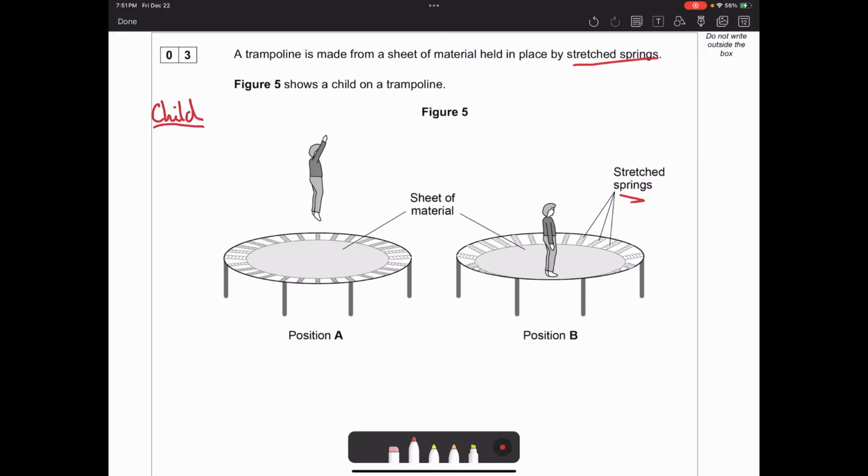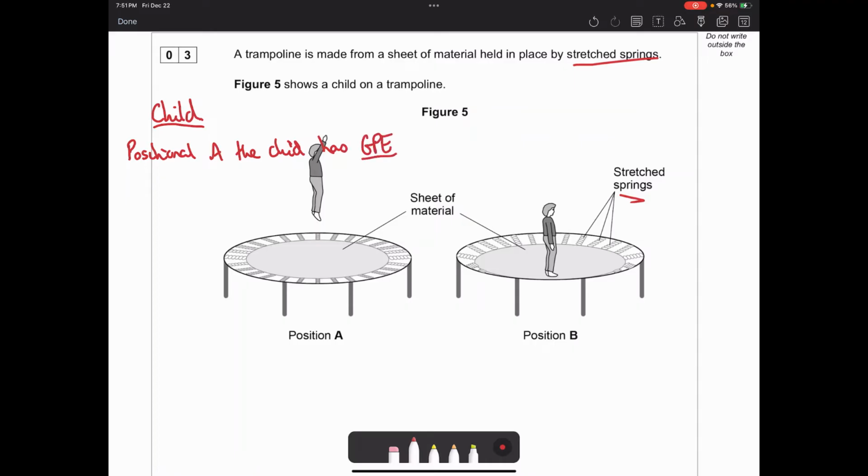So for the child, we're looking at the changes in the energy stores. Well, what are they starting off at? They're in the air at the start, so they have gravitational potential energy. So in position A, the child has gravitational potential energy.